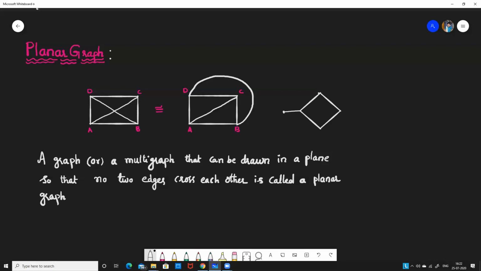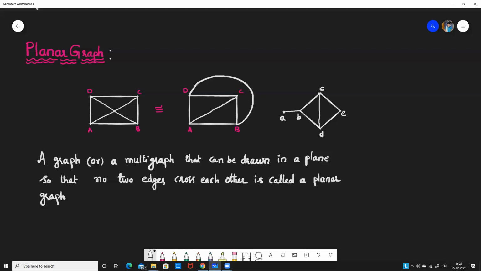We take one more vertex, it will be E. Now A, B, C, D, E. Clearly, no two edges cross with each other. Therefore, it is called planar graph. Suppose I add one more edge, from C to D. Still, it is a planar graph because no two edges cross with each other.